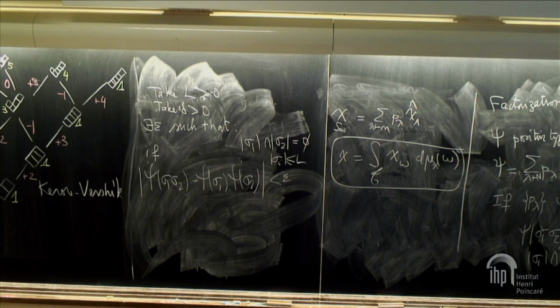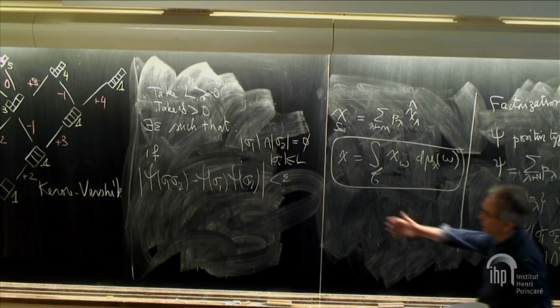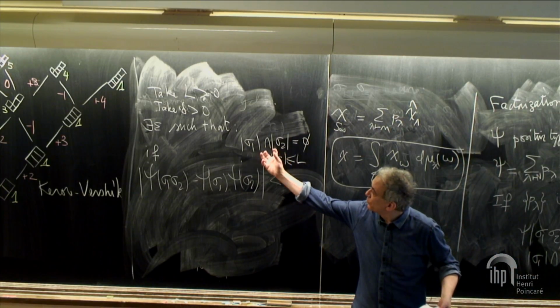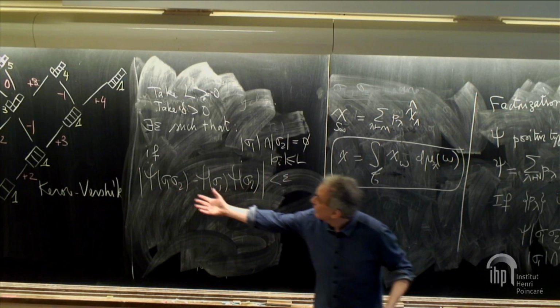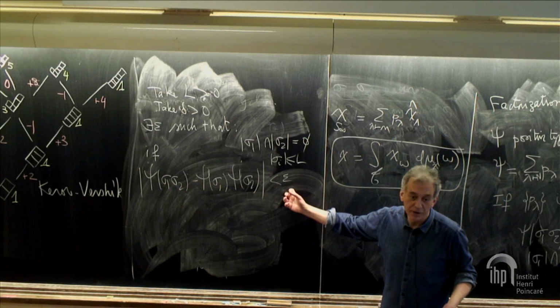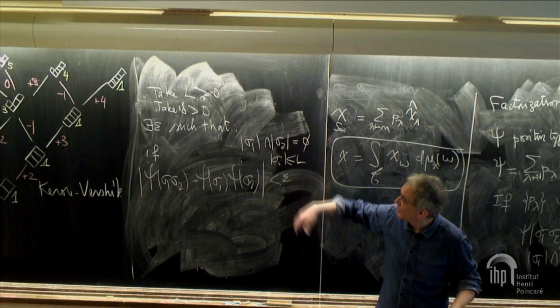So I fix a certain set of lengths of the support of permutations, and I assume that I have asymptotic factorization in this sense, that these are small enough over all these permutations.